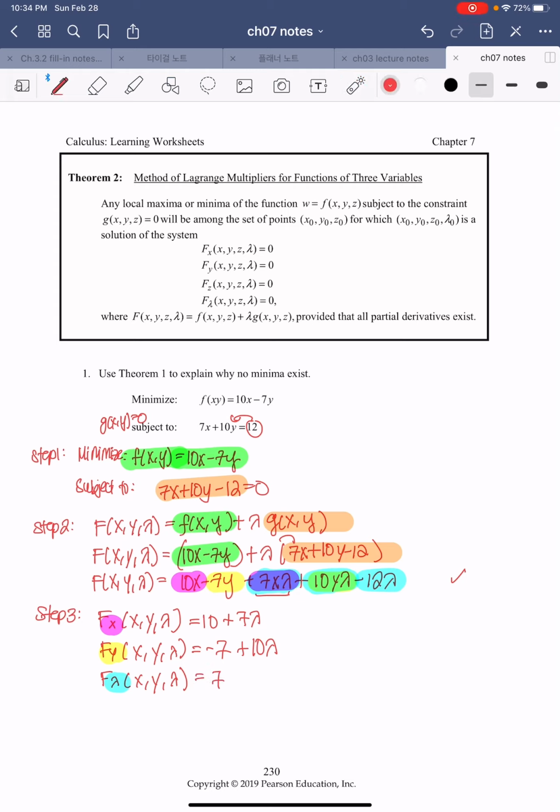You have to treat x as a constant. Same thing here, lambda is the variable, so this will be my constant 10y. Lambda is my variable, so negative 12 will be my derivative term.